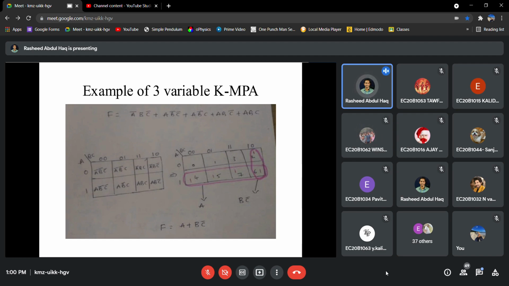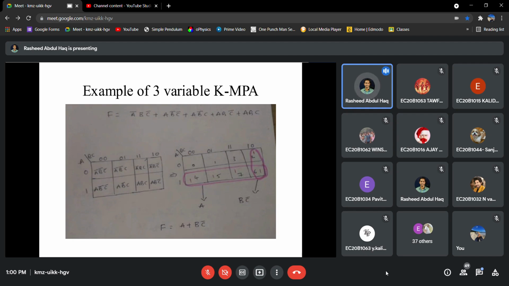So we have to group it into fours, twos, and you can also group it outward. That example we will explain later. But in this case, these 4 ones are grouped as one, and these two ones are grouped as another group. In the case of the 4 ones in one row, you can see that the value of A doesn't change, but the values of B and C change between 0, 0, 0, 1, 1, 1.